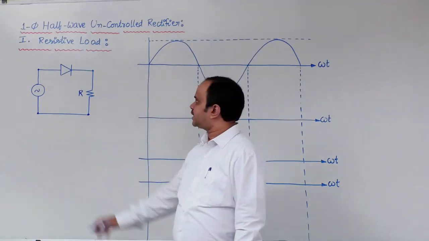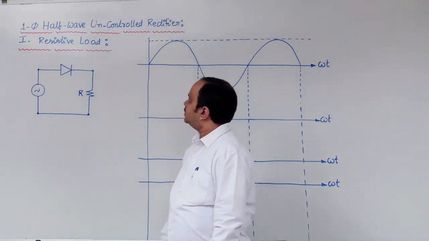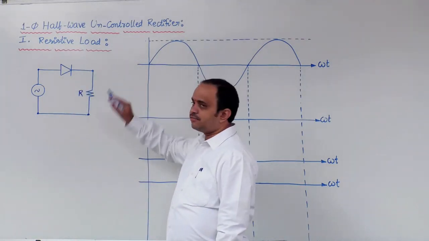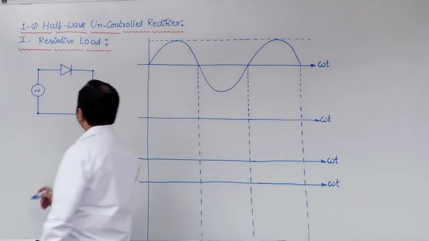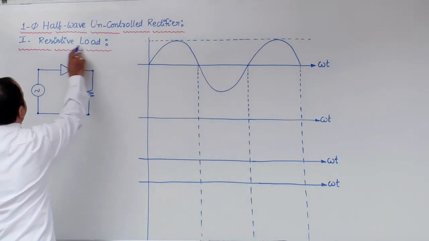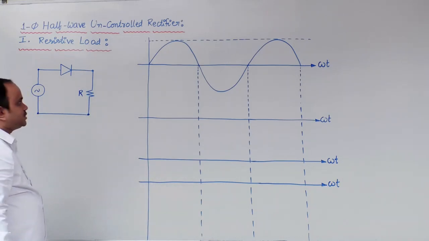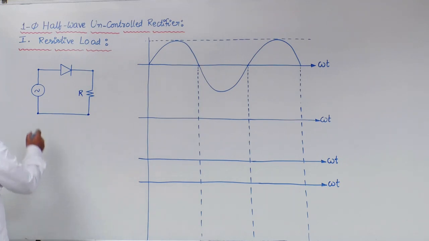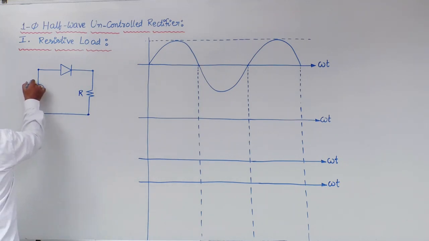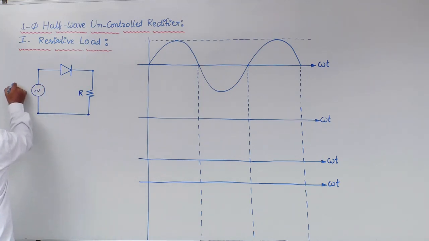Now let us take the first circuit, the single phase half wave uncontrolled rectifier. In this case, first let us take a resistive load as an example. Here this is a sinusoidal source voltage.